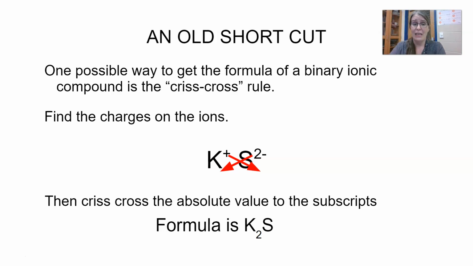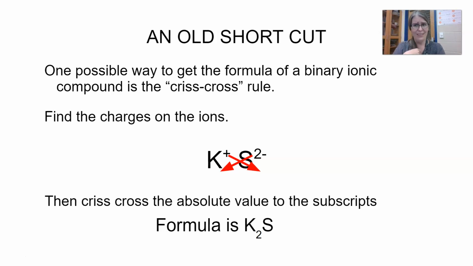The thing is, anytime I'm making a formula, I want to make sure that I always reduce my subscripts to the lowest possible values. So when I say don't crisscross with your brains off, I mean something like barium oxide. I've seen it lots of times where people will crisscross that 2 down from the 2+ and say, oh, that's Ba2O2.